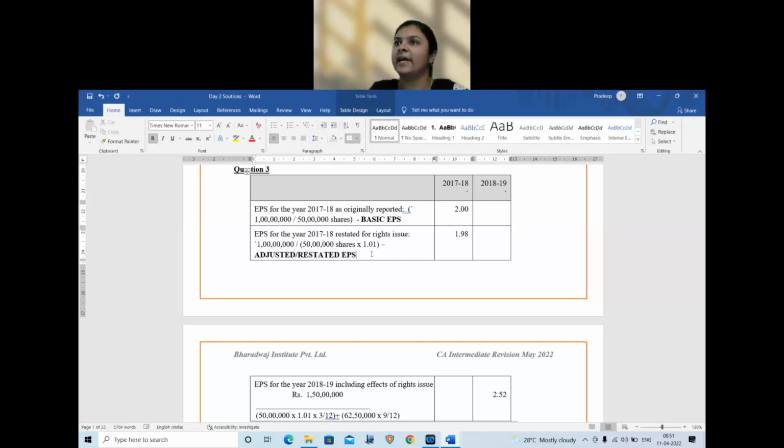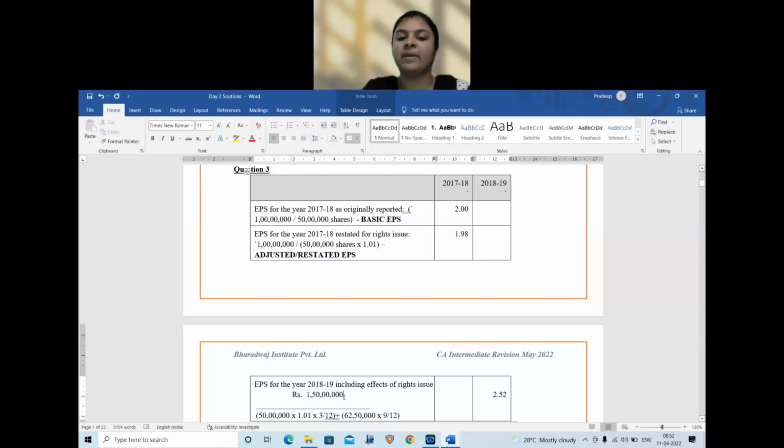Now for the current year. Now coming to the current year, there is no concept of restatement. You are not changing something. Current year itself rights was issued. So which means current year basic EPS itself will be based on the rights issue only.